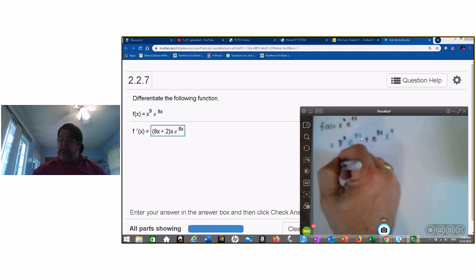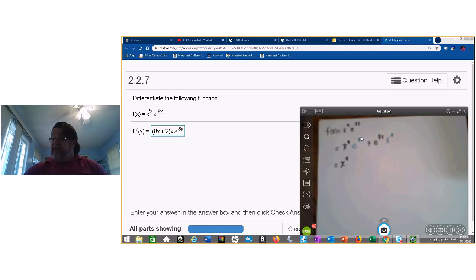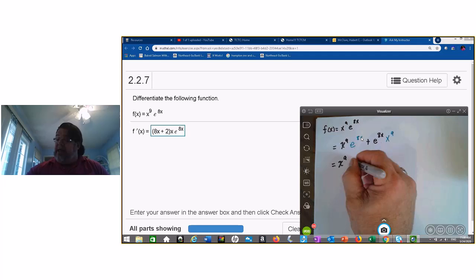X to the 9th. I'm going to do a different color. I'm going to do orange for the derivative. The derivative of e to the 8x is e to the 8x.